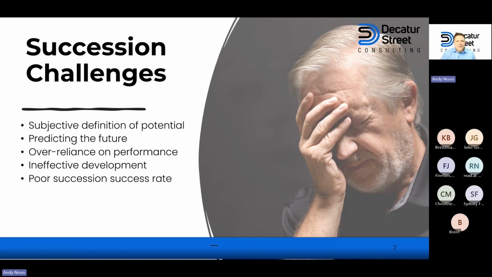So when it comes to succession, there are a lot of challenges that are relevant. And it really has to do with the fact that succession is an evaluation. It's a judgment of how you see a person's potential. And so when you talk about something like that in an evaluation process, potential is kind of nebulous.